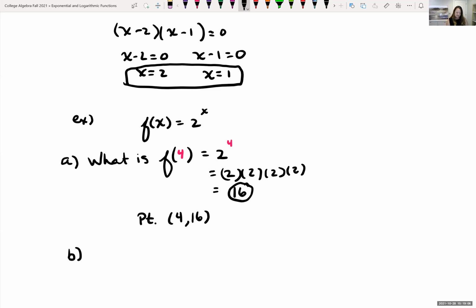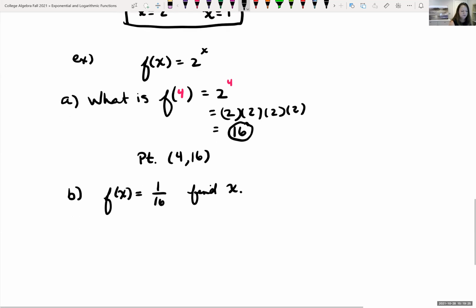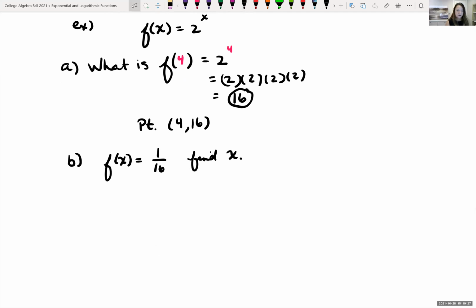Part B says, if f of x equals 1 over 16, what is x and what is the point on the graph of f? So if f of x is equal to 1 over 16, find x. We're just going to set our equation 2 to the x equal to 1 over 16.